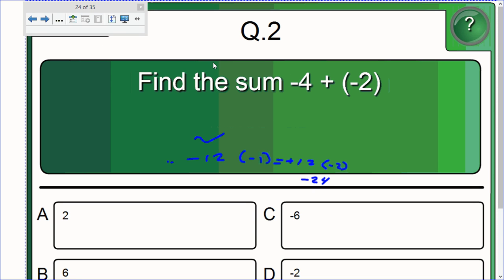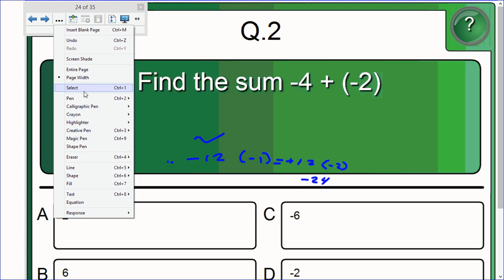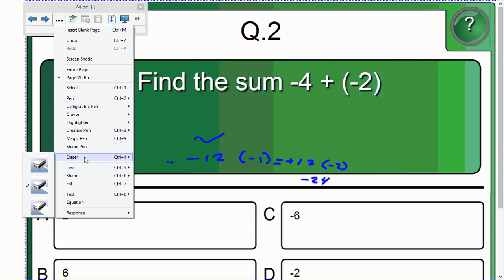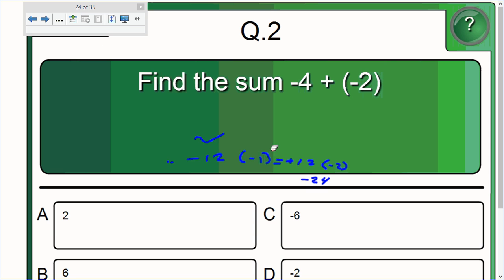Here's another interesting question. Find the sum. Let's see, where's my eraser tool? There it is down there. Find the sum of negative 4 and negative 2.